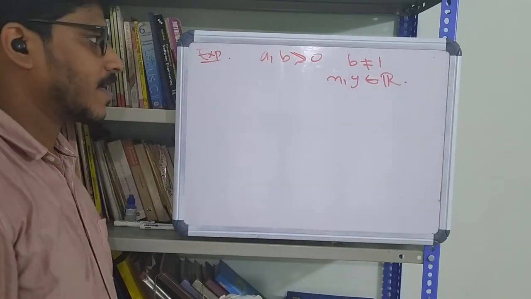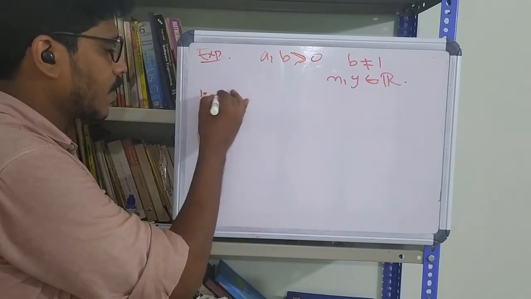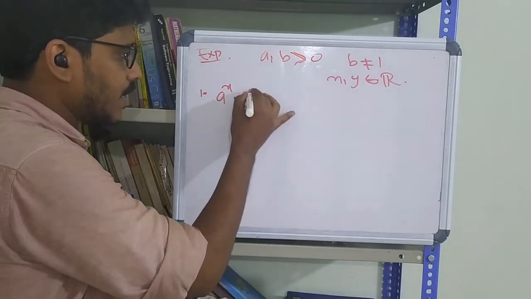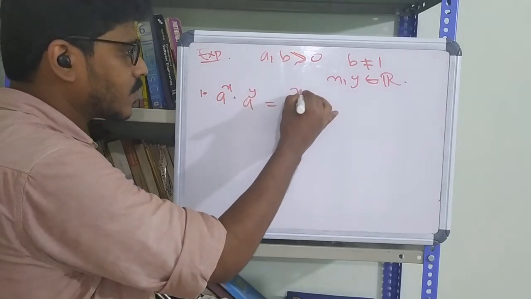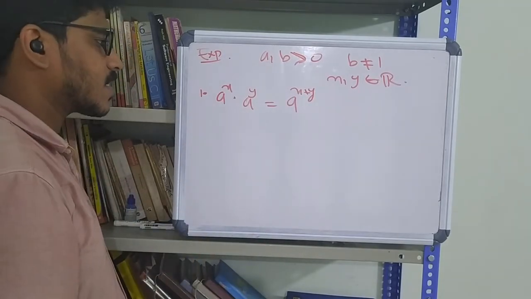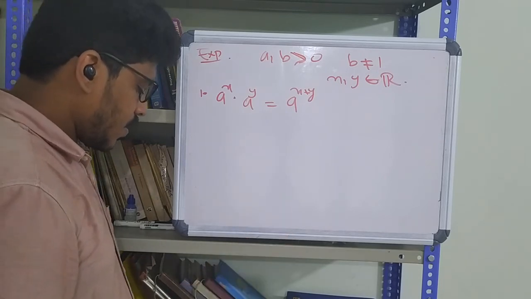We don't restrict x and y. If it is the case, let's examine one by one. a raised to x into a raised to y is equal to a raised to x plus y. You might be familiar with these expressions of exponents, but still for the sake of completeness, we are supposed to go through this.